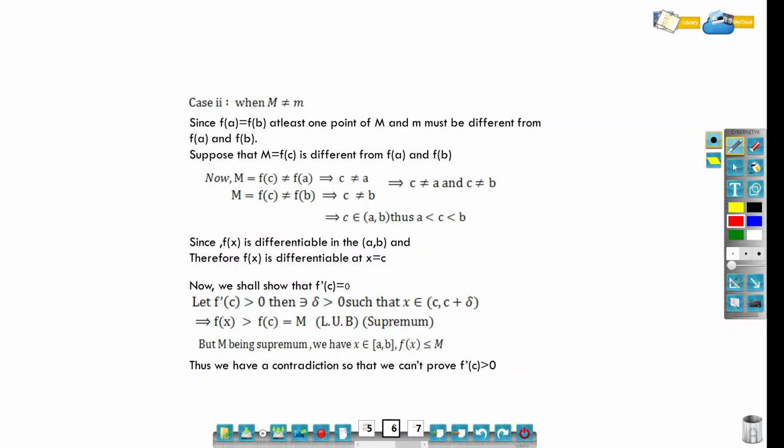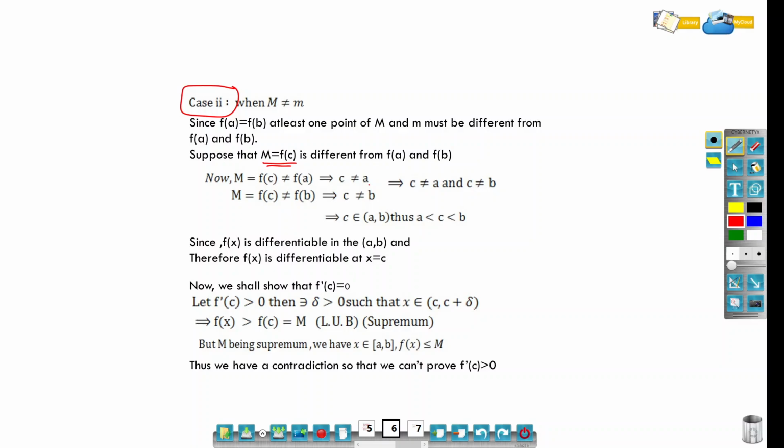Now suppose M is not equal to m, that is, supremum is not equal to infimum. Since f(a) is not equal to f(b), at least one of M and m must be different from f(a) and f(b). Suppose that capital M equals f(c), which is different from f(a) and f(b). Since f(c) is not equal to f(a), the points c and a are different.